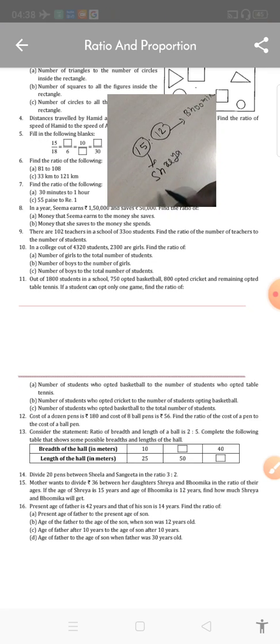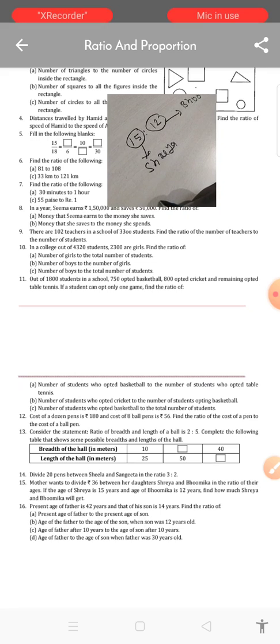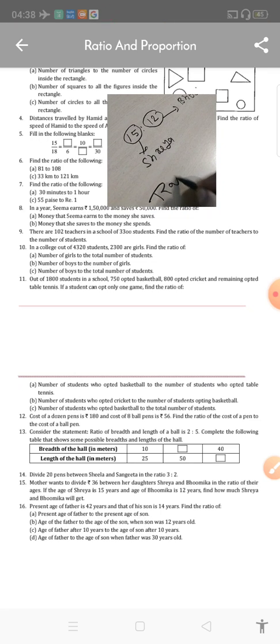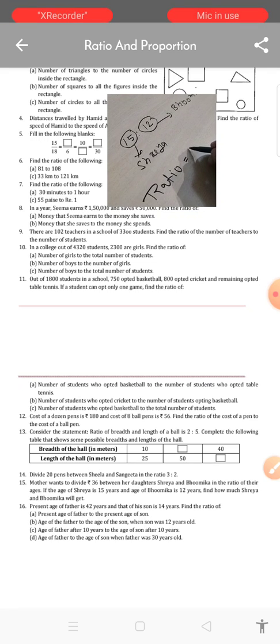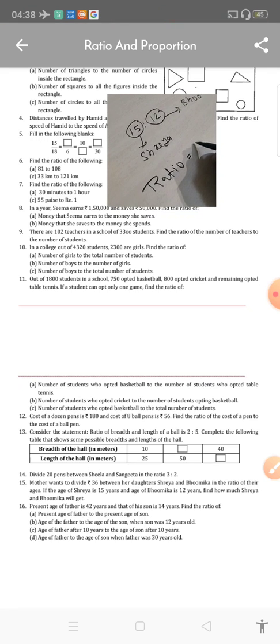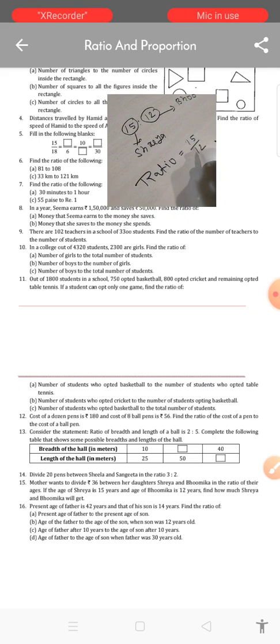So the ratio of their ages you can write as 15 by 12.